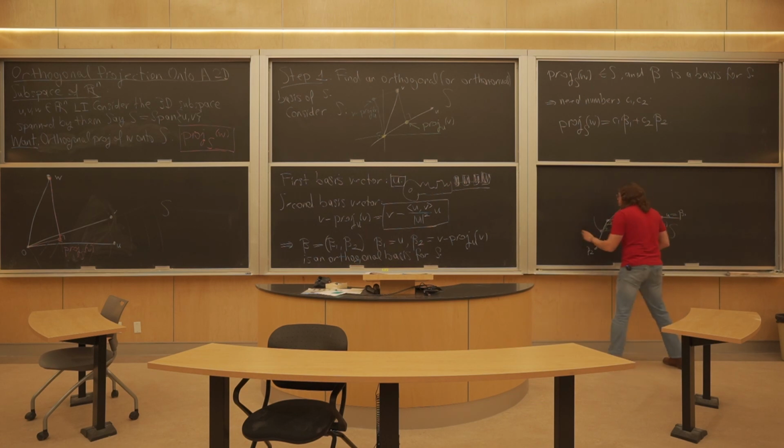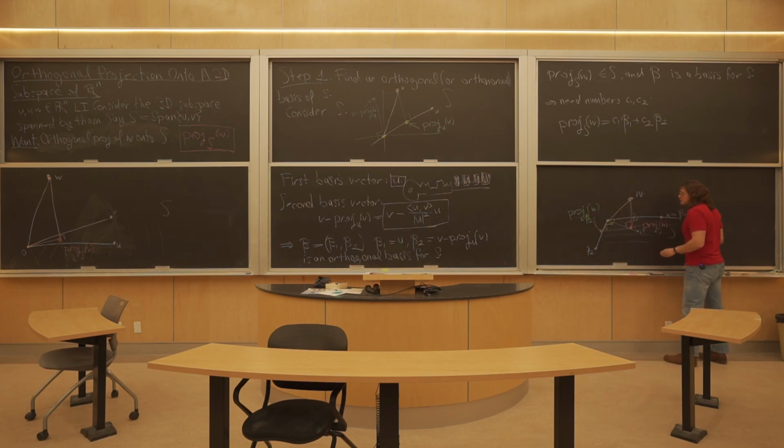This vector should be proj sub beta 2 of W, and this vector should be proj sub beta 1 of W. And the formulas, therefore, are the following.